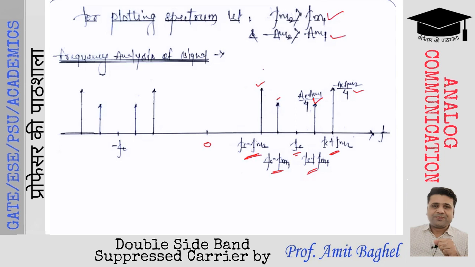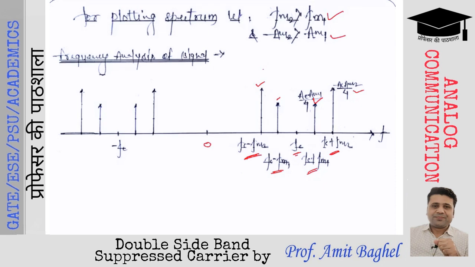So fc plus fm2 will be greater as compared to fc plus fm1, because we have assumed fm2 is greater as compared to fm1. Same way, the strength or amplitude of the impulse is more in the case of Am2, because we have assumed the amplitude Am2 is greater as compared to Am1. So the strength of the impulse at fc plus fm2 will be greater as compared to the impulse at fc plus fm1.